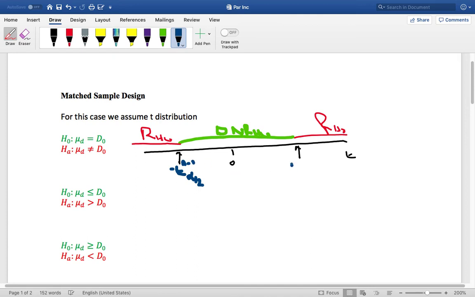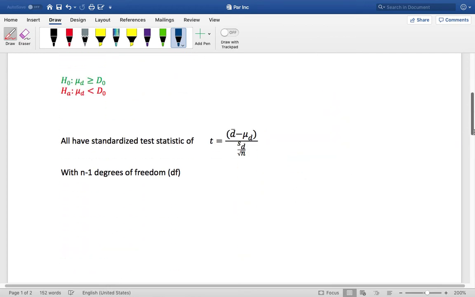And over here it's going to be plus t of alpha over 2 with n minus 1 degrees of freedom. Okay, you can just barely make that out, but there you go. And all three scenarios have the standardized test statistic looking like this with n minus 1 degrees of freedom.